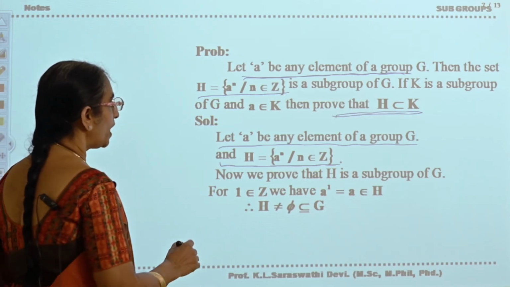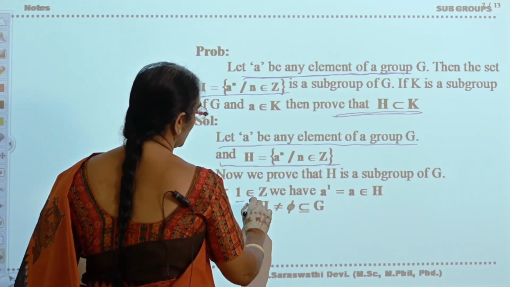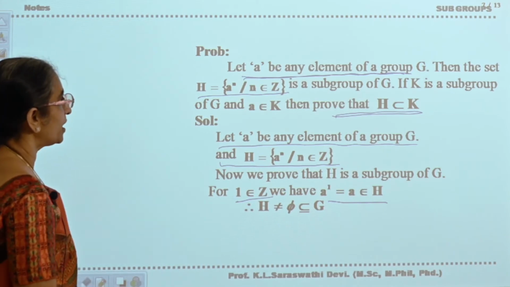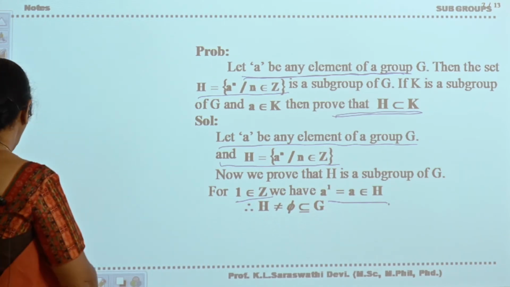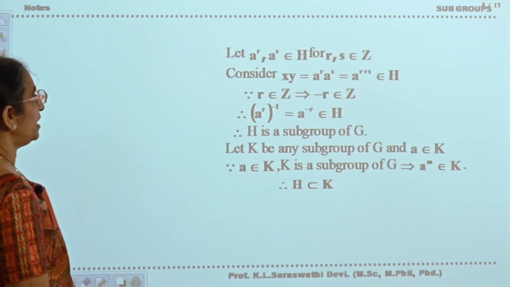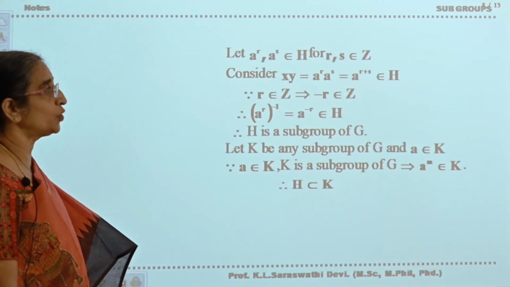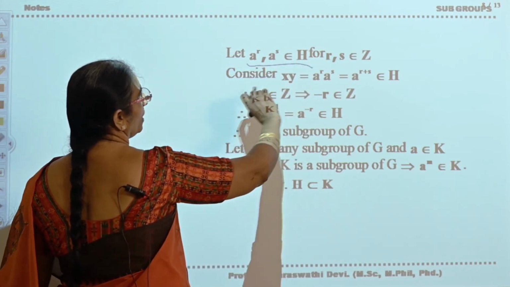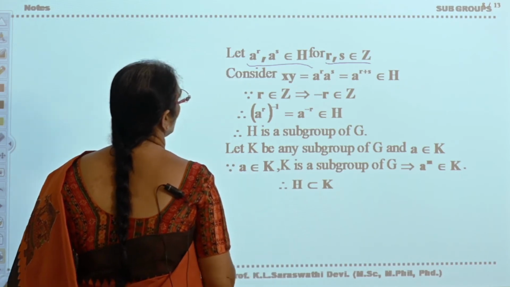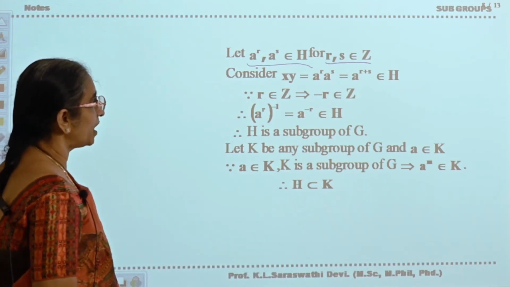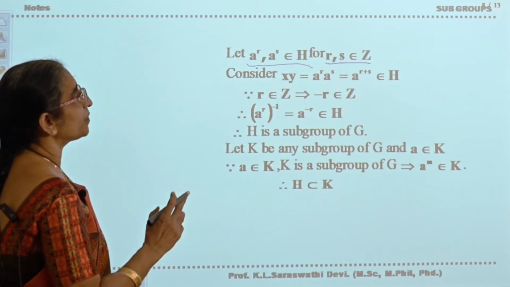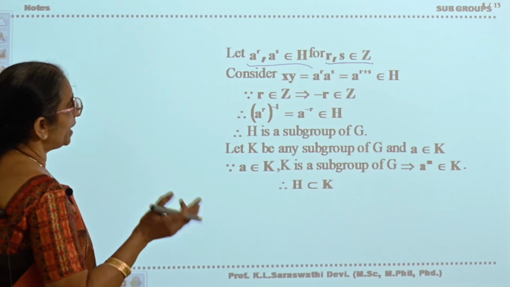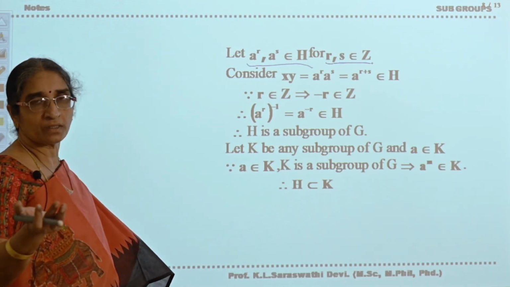See here, 1 belongs to Z. Therefore, A power 1 is equal to A belongs to H. H is a non-empty subset of G. Now, because it is non-empty, you can take two elements, A power r and A power s belonging to H, so r, s belongs to Z. Now, xy is equal to A power r into A power s, that is A power r plus s, belongs to H. You have taken r in Z, so minus r will also be in Z because Z under addition is a group.